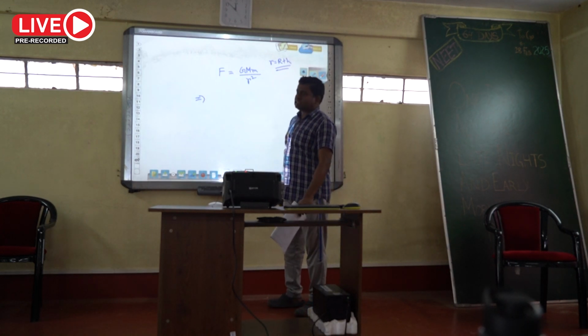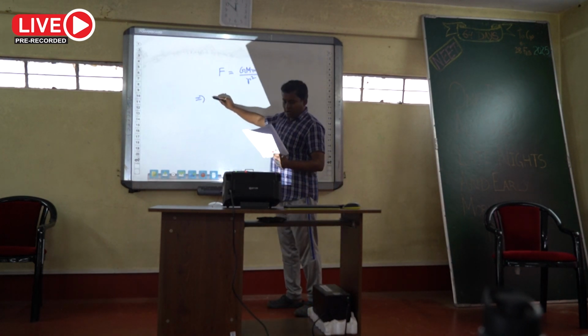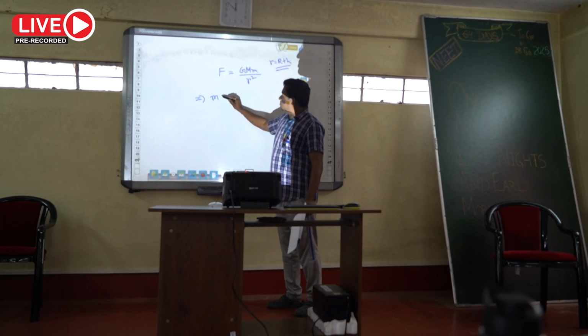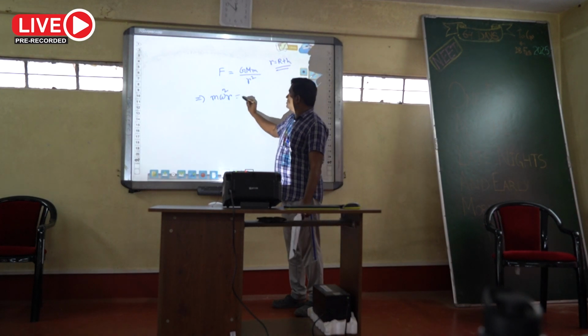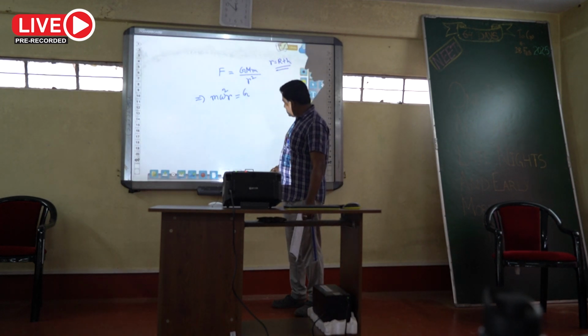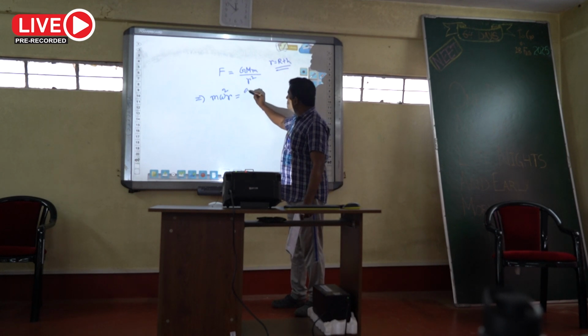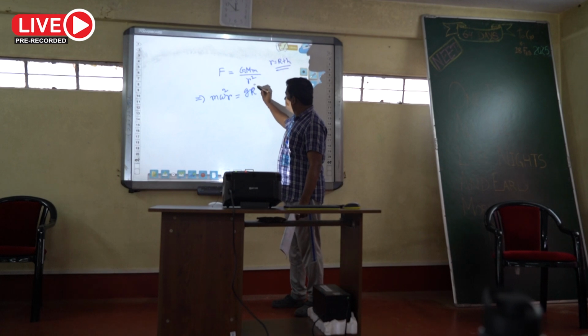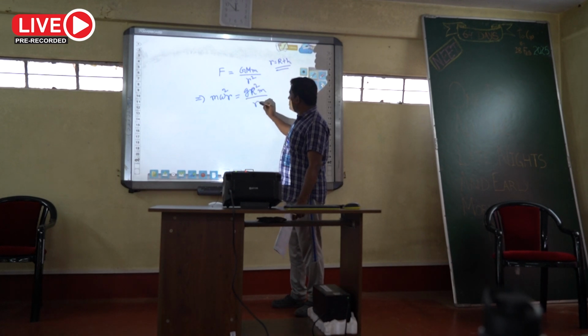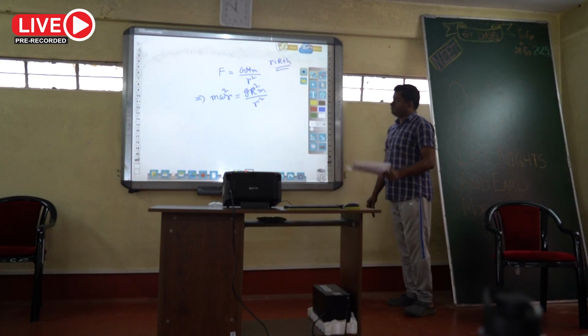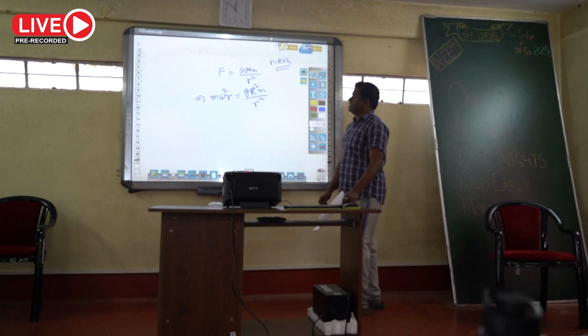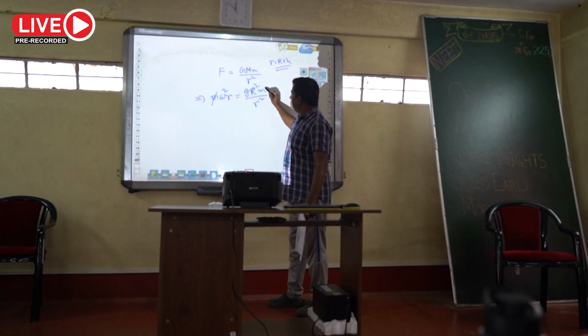Now this can be written as F equal to m omega square small r. This is equal to GMm by r square, but GM can be replaced with gR square. Now this m will cancel.